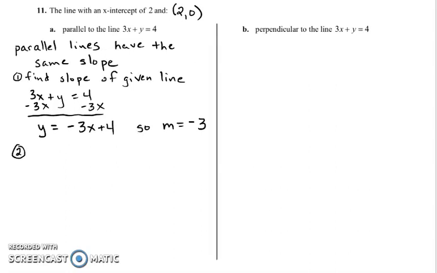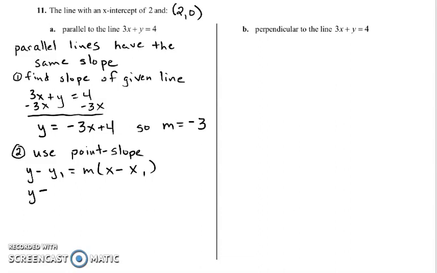So use the point-slope formula. y minus y1 equals m times x minus x1. So let's see, our point is 2, 0. So y minus 0 equals negative 3 times x minus 2.